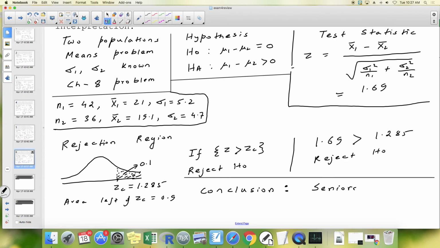Seniors indeed study more than freshmen. As indeed they should.